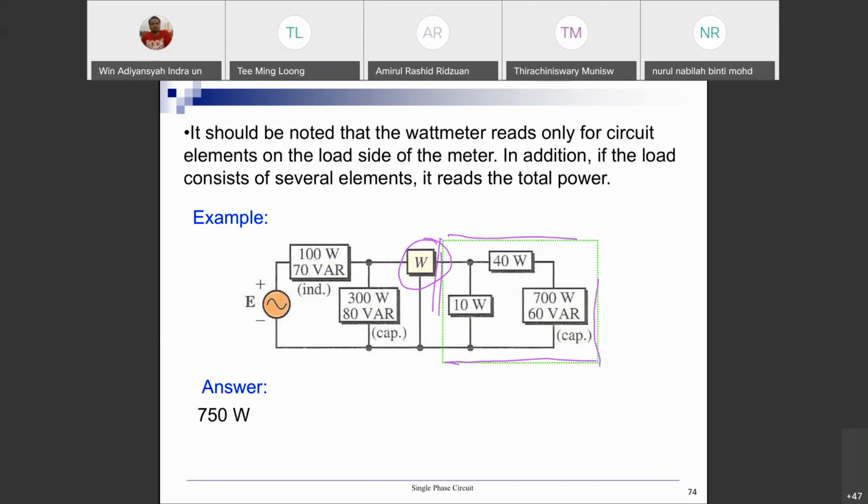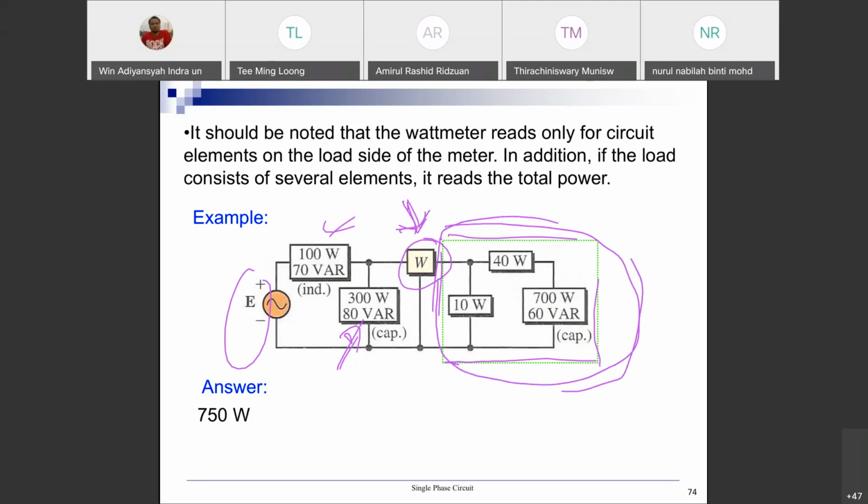So the wattmeter will read the load side beside the wattmeter. Because we also have another load here near the source, this one and this one. But since they measure here, the wattmeter will only read the total of this one only.